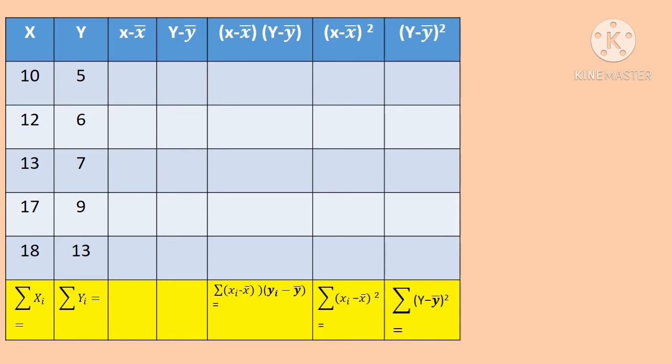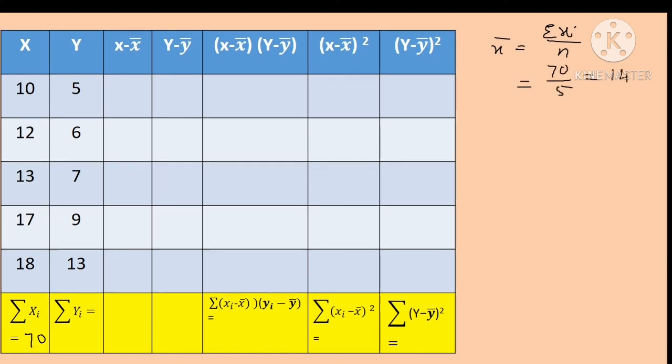Now x bar is summation xi upon n. So what is summation xi? You have to add these values in the first column. It is 70. So 70 upon 5 comes to 14. So x bar is equal to 14.